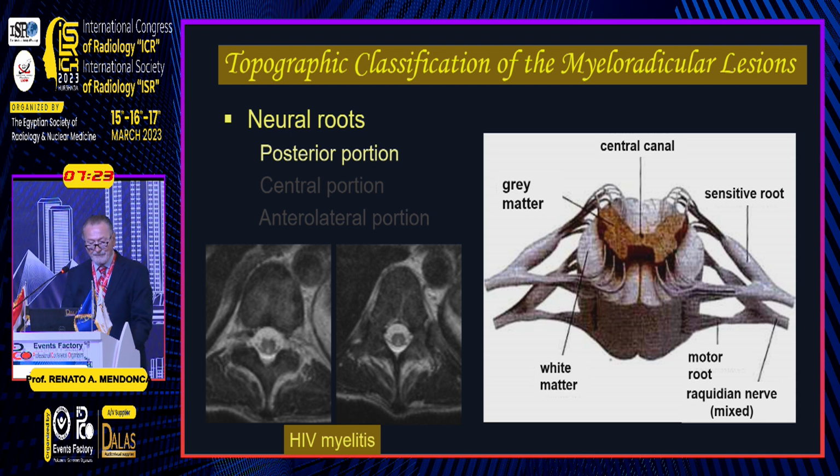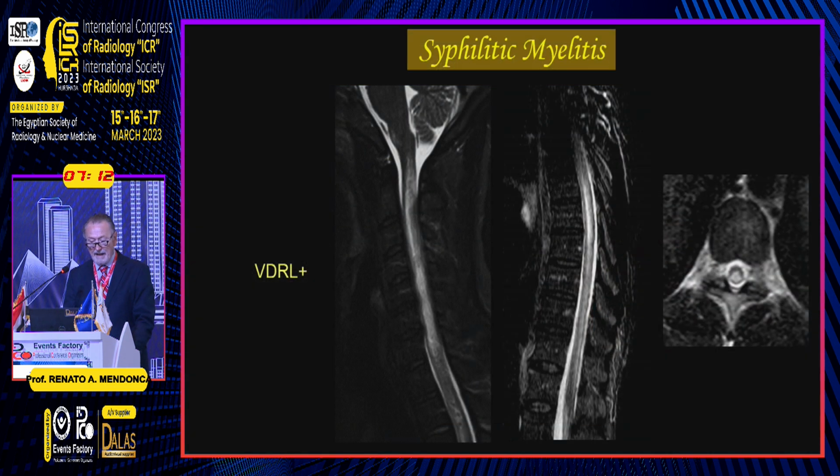The involvement of the posterior part of the spinal cord is typical of HIV myelitis, as we all know, and of syphilitic myelitis. Again, the diagnosis is made by the VDRL. So the routine today is for every patient in the hospital to have a VDRL. But the lesion could be virus, could be demyelinating.